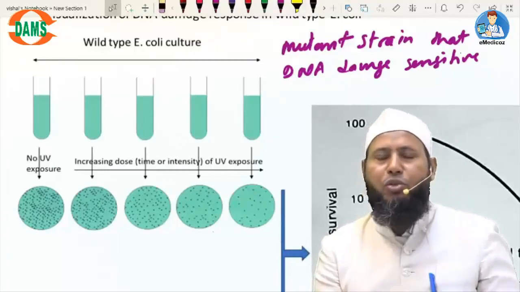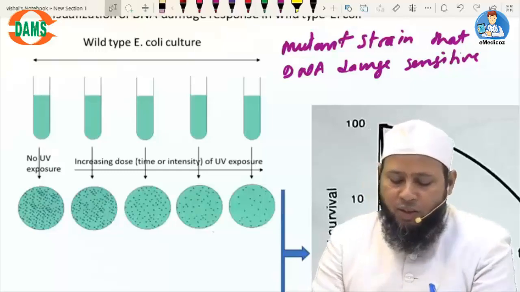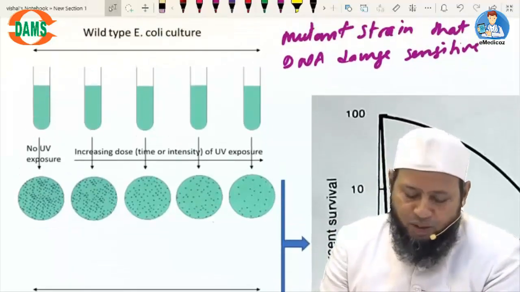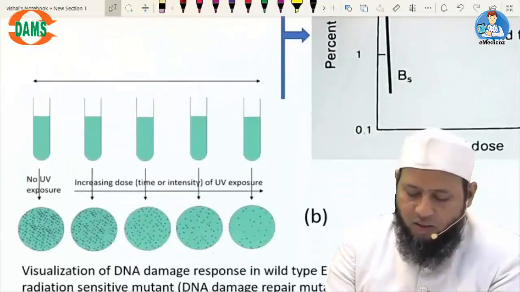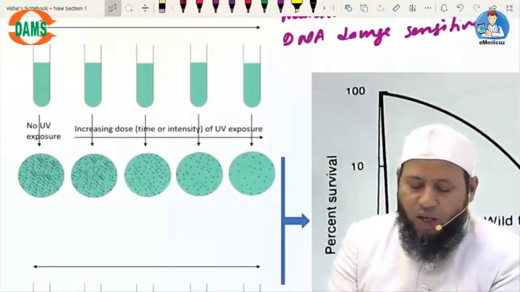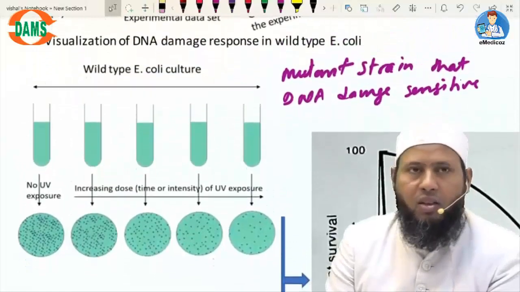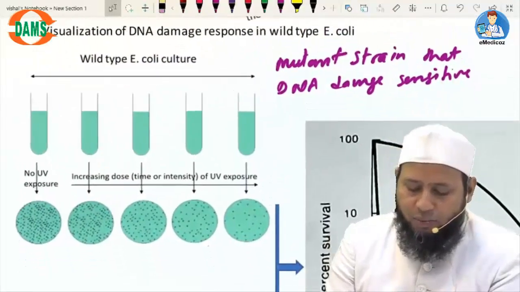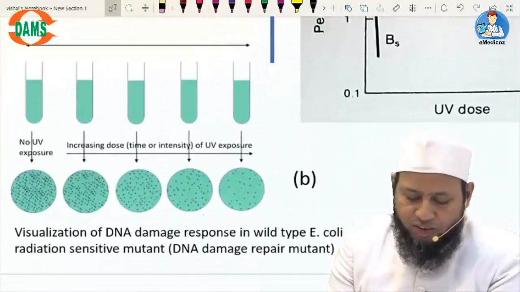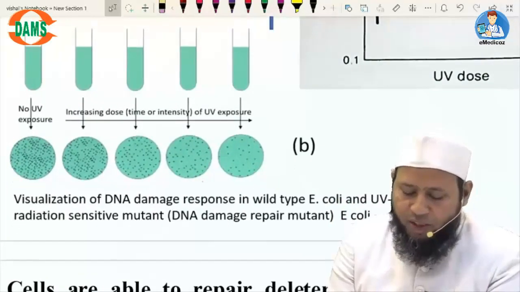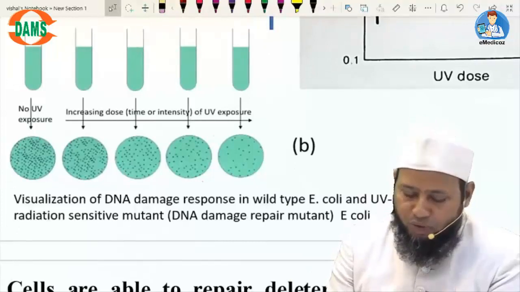So we take that mutant strain and do the culture, and we repeat the same experiment. This is the observation from the wild type, and we do a similar experiment with the mutant strain and collect the data from it.